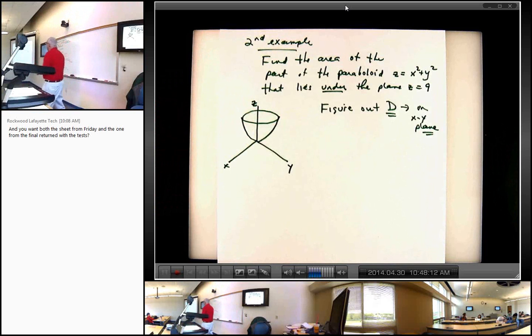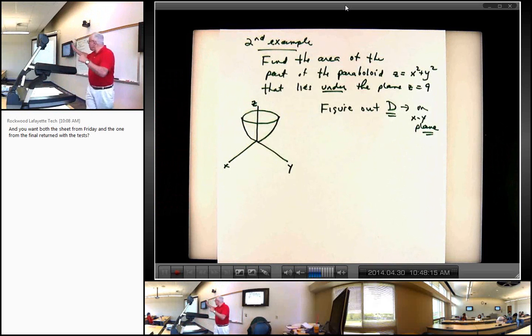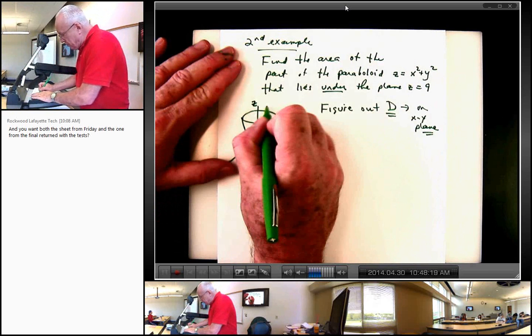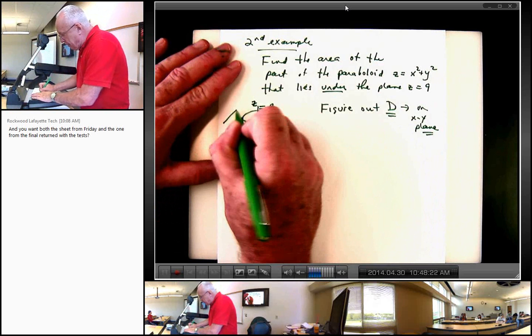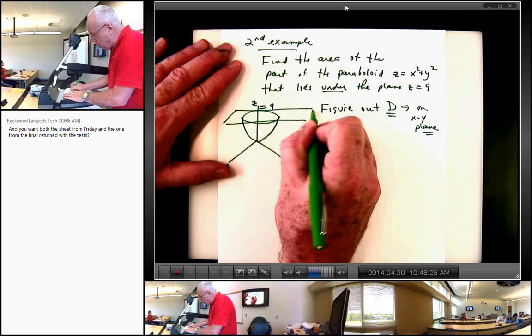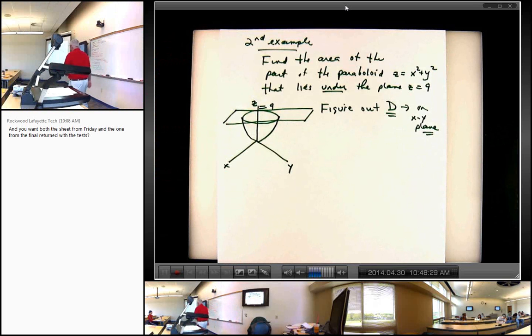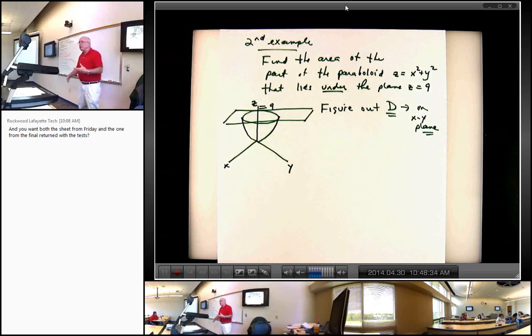And then it gets topped off, that lies under the plane. So right up here, when z is equal to 9, we've got a plane that goes across where the z value is equal to 9. So that plane would be parallel to the XY plane.